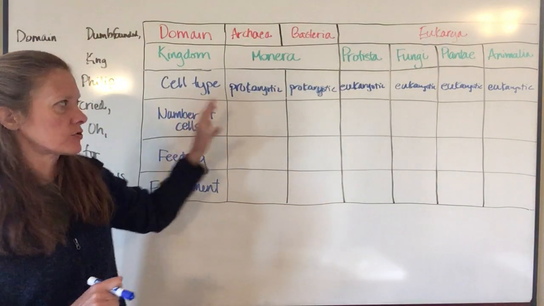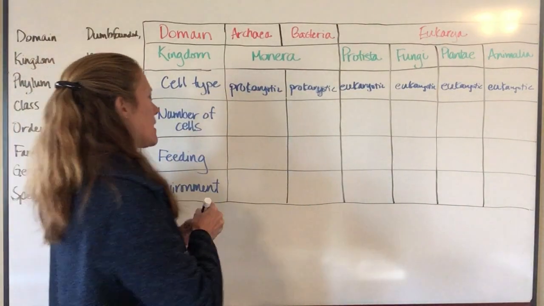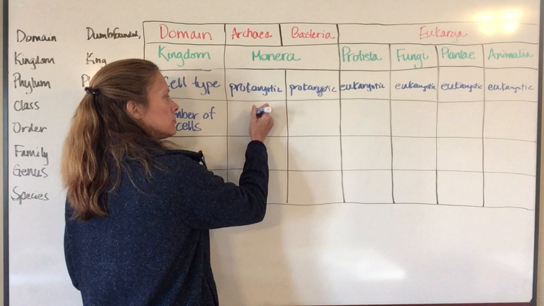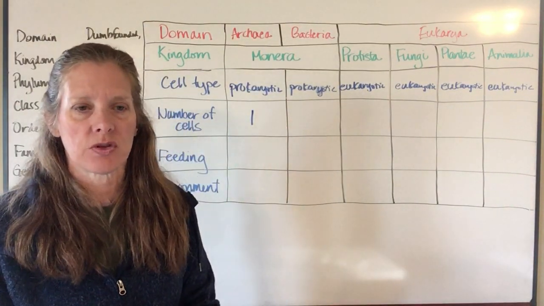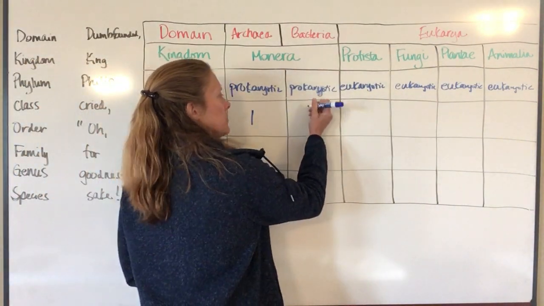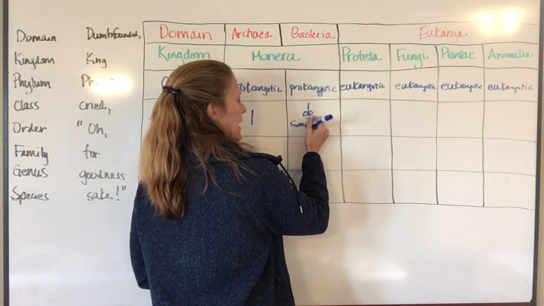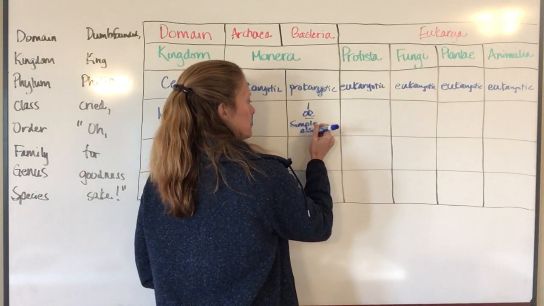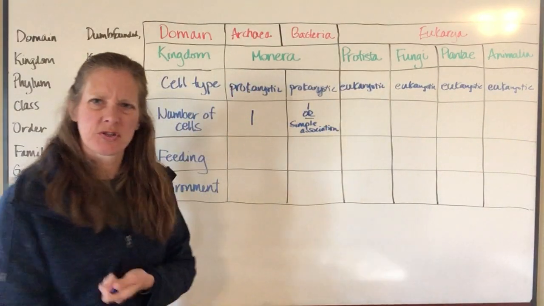How many cells are each one of these made up of here? Well, in Kingdom Archaea, they only are 1-celled organisms. There's never anything any larger than that. In Kingdom Bacteria, it's either going to be a single cell or what we classify as a simple association of cells. What's a simple association of cells?